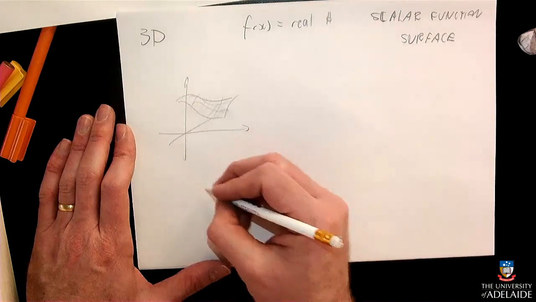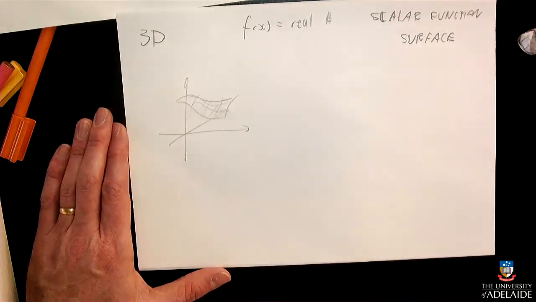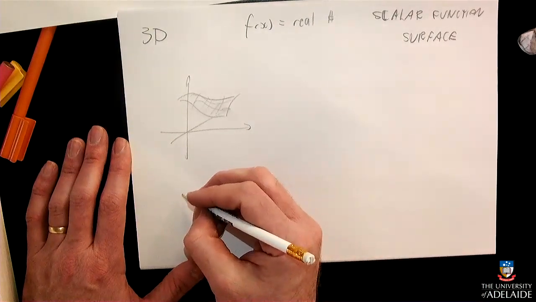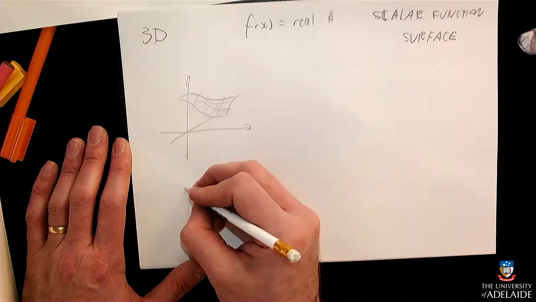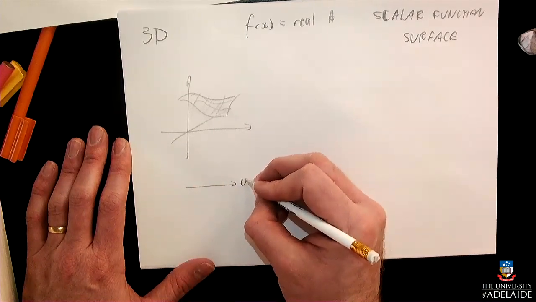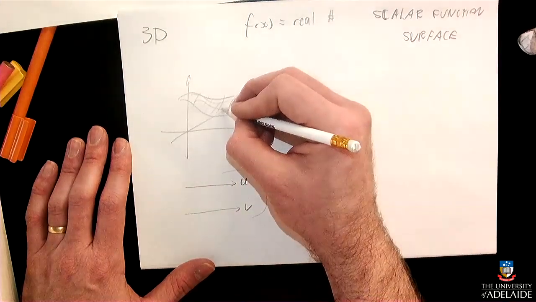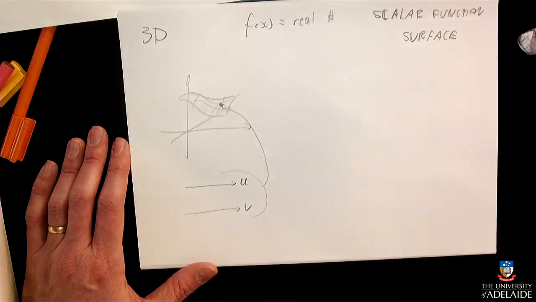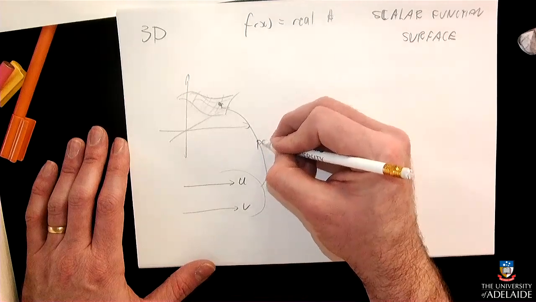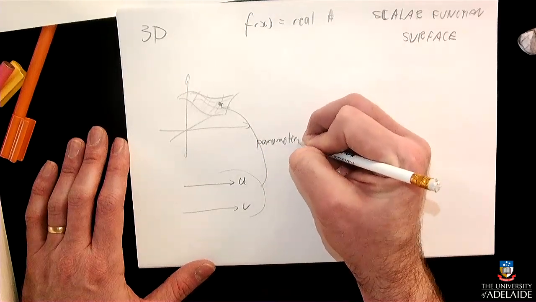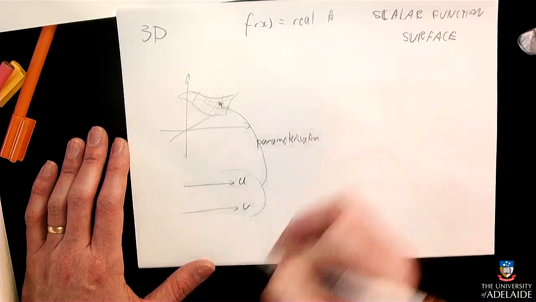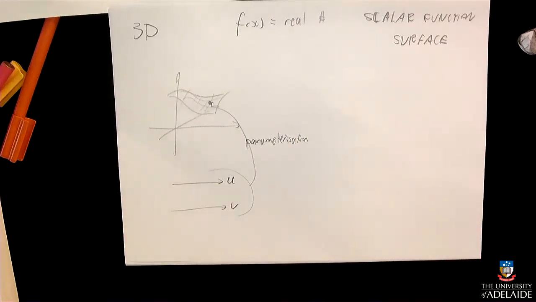So I need a collection of numbers, two sets of numbers, traditionally u and v, and together those u and v locate a point on the surface.